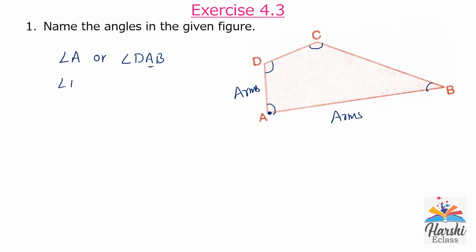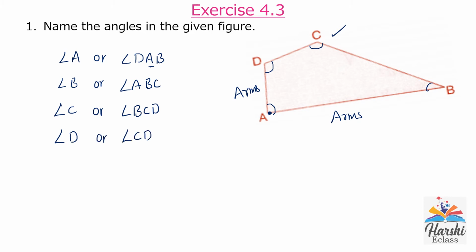Another one, angle B, we can write as angle ABC, vertex B. Next, angle C or angle BCD. Here we are representing the vertex, angle C. Angle D or angle CDA. These are the names of the angles which are present in this figure.